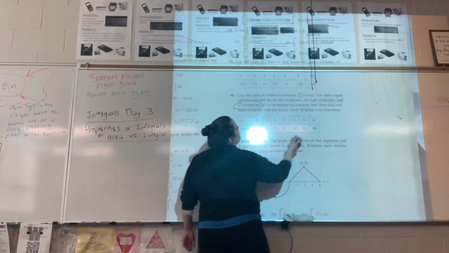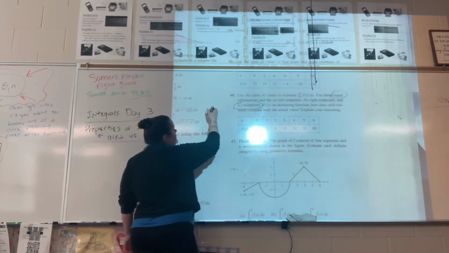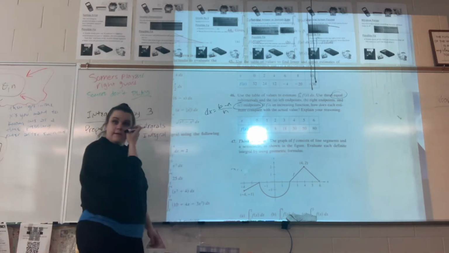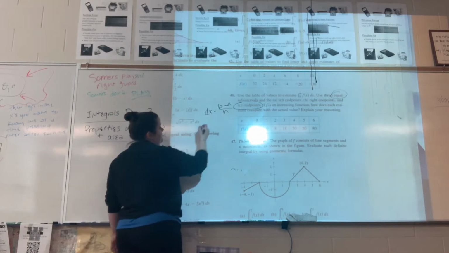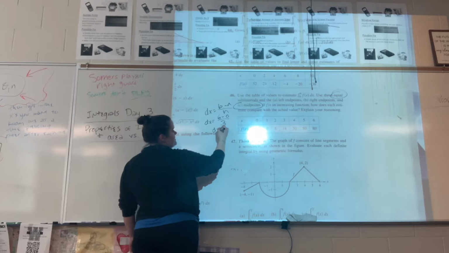Use 3 equal. There we go. To find the length of our subinterval, we use this formula, right? So dx is going to be 6 minus 0 over 3. So my dx is 2.